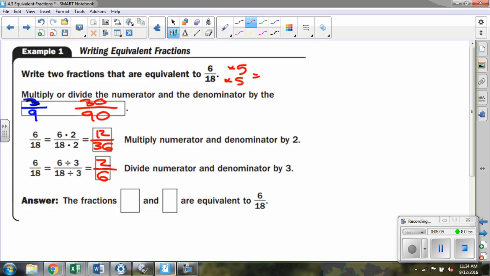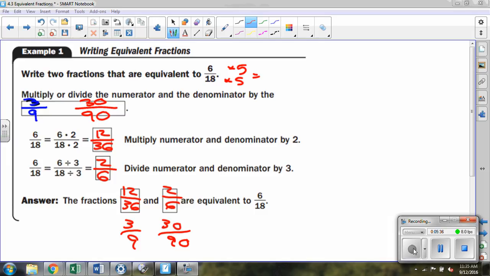All of those are equivalent fractions. We've got 5 different equivalent fractions already, and we were only asked to get 2 of them. Using these specific examples, then, we had 12 over 36, 2 over 6 are equivalent. Or if you wanted to, we could use 3 over 9, 30 over 90. There are lots and lots of correct answers here.